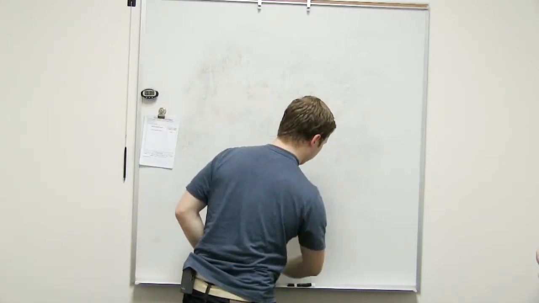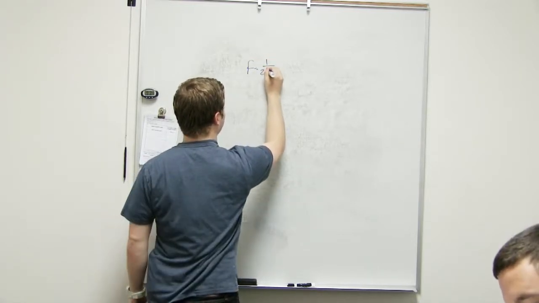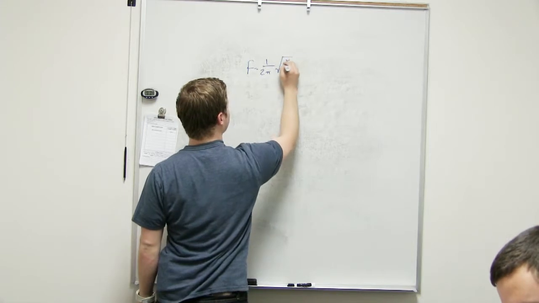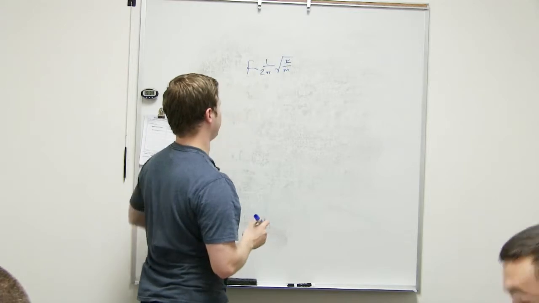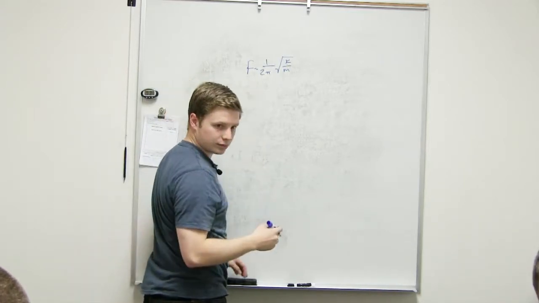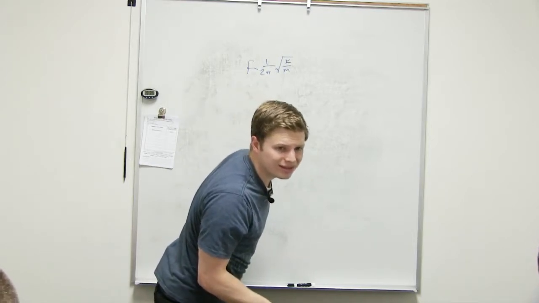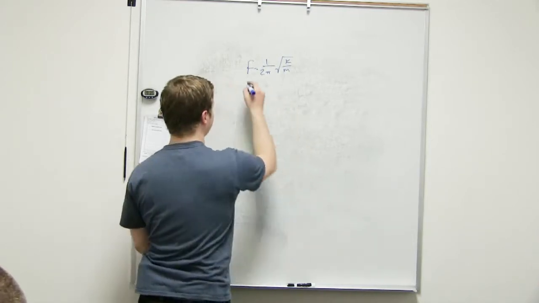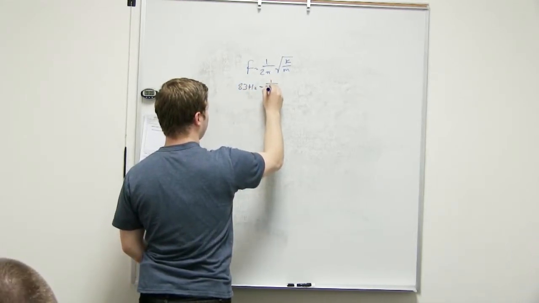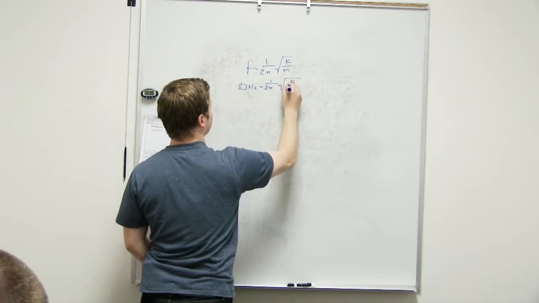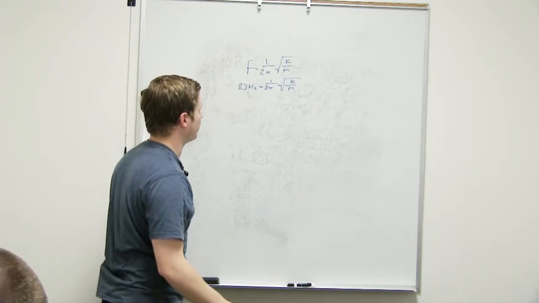We have our frequency equation, 1/2 pi square root of K over M. Our initial situation is a frequency of 0.83 hertz, so 0.83 hertz equals 1/2 pi square root of K over M. Well, we have two unknowns, so we can't really solve for it yet.